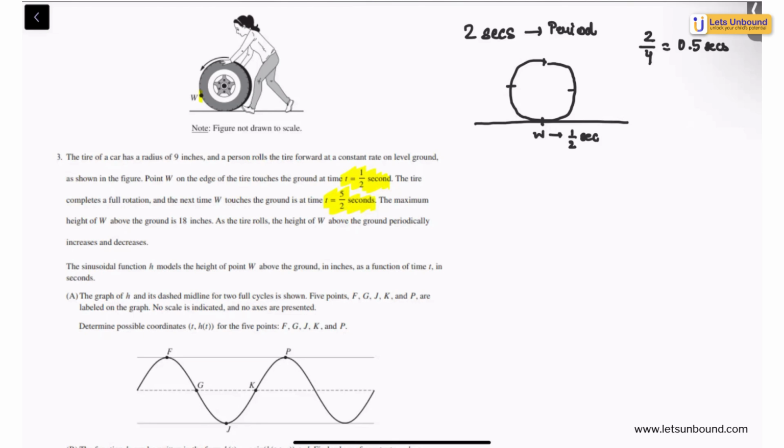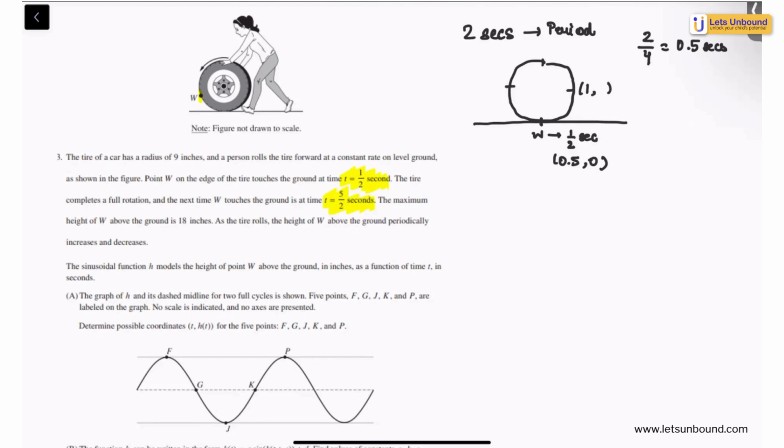At 0.5 seconds, since it's at the ground, the height is 0. We are trying to establish a relationship between time and height. After another 0.5 seconds, it will be 1 second, and the height will be something above the ground.